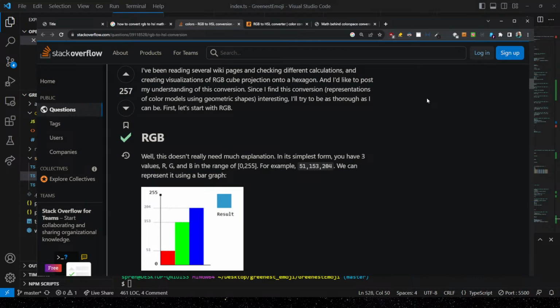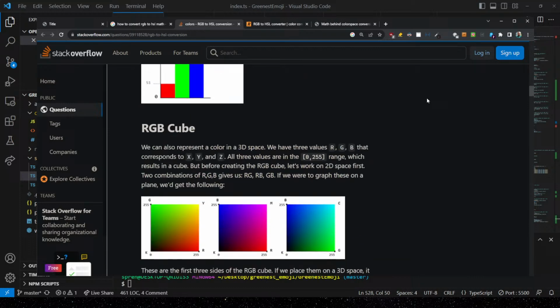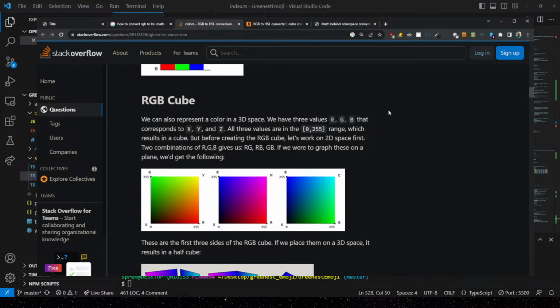It makes sense that what we're talking about is a cube. This doesn't make any sense to me. What the heck?